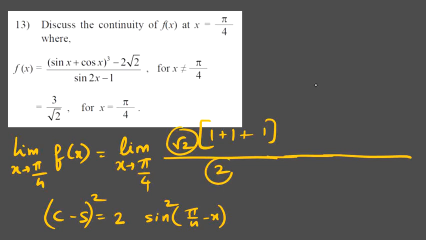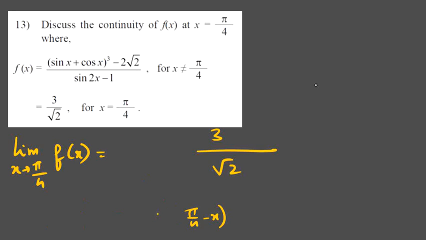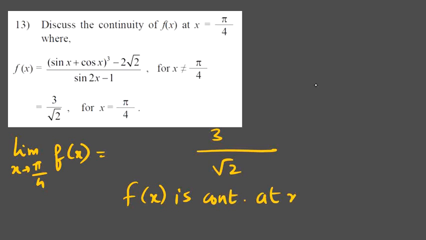So this root 2 and 2 get cancelled, and we are left with a root 2 in the denominator, and the numerator becomes equal to 3. No need to write the limit again after you have substituted the value of x. So the value of limit x tends to pi by 4 of f of x turns out to be equal to 3 by root 2, which is equal to f of pi by 4, and that is why we can say f of x is continuous at x equal to pi by 4.